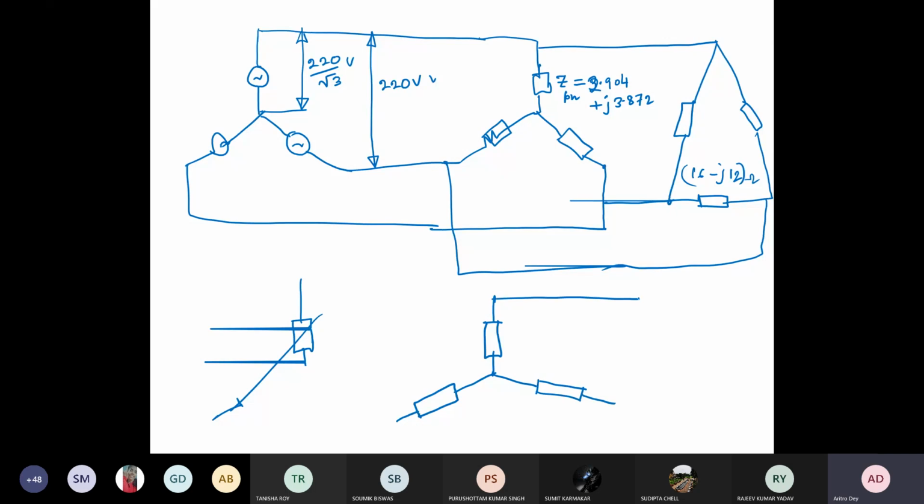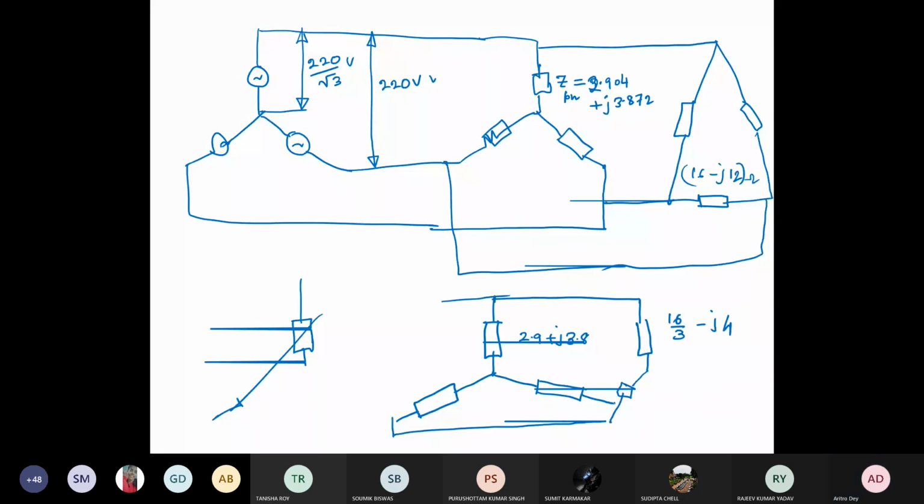This is 2.9 plus j 3.8, and here this is 16 by 3 minus j 4. These two are in parallel, so now these two stars are in parallel connection.